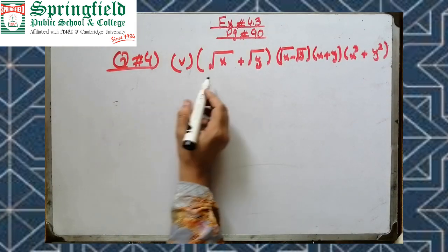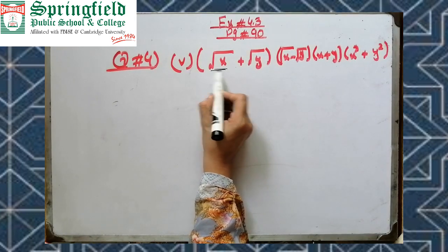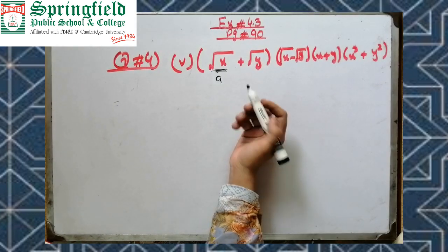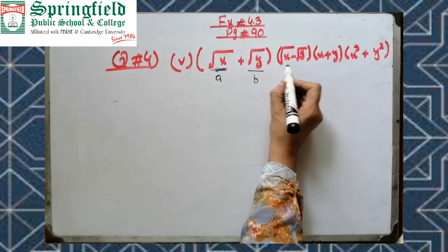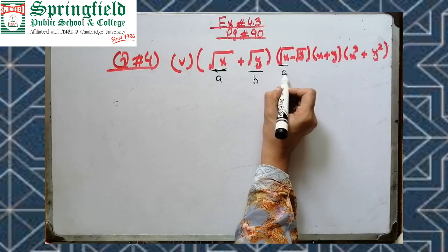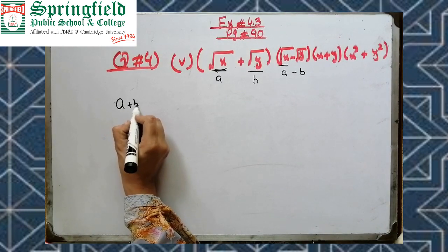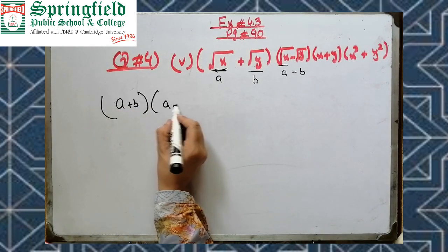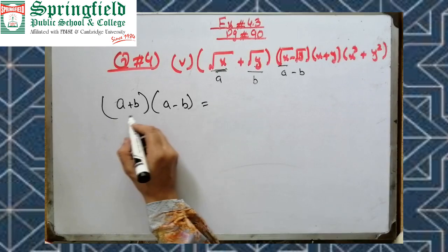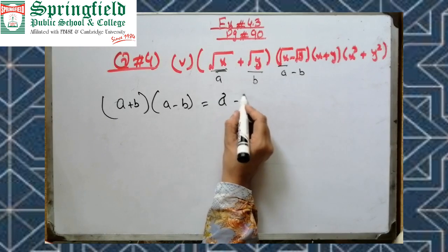We can solve this. You can consider this one is A and this one is B. So A plus B, A minus B. As we know that A plus B, A minus B is equal to A square minus B square.